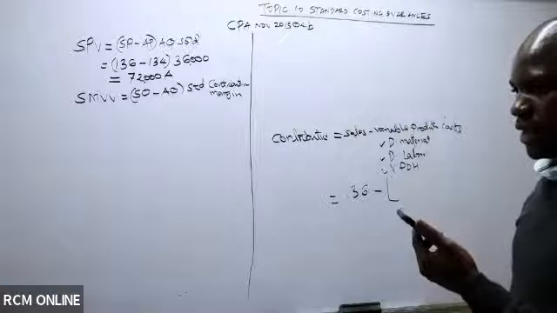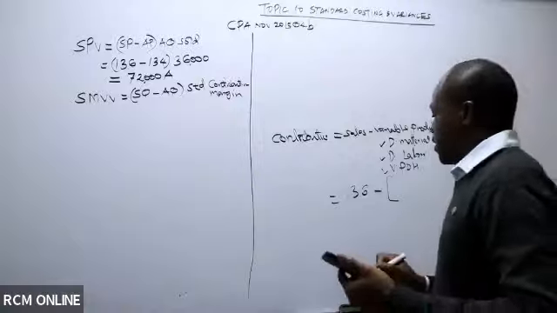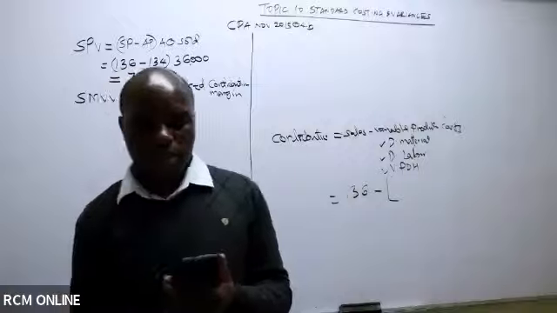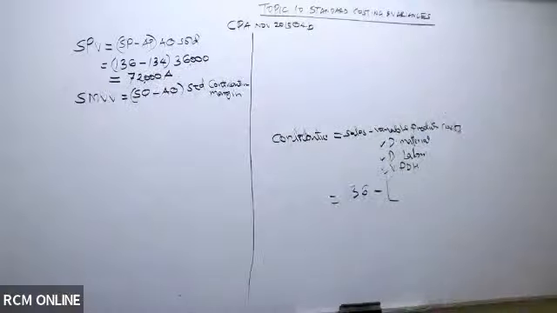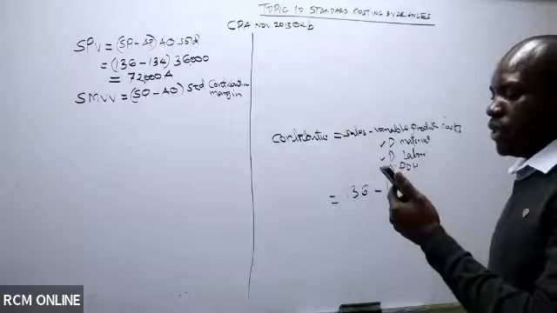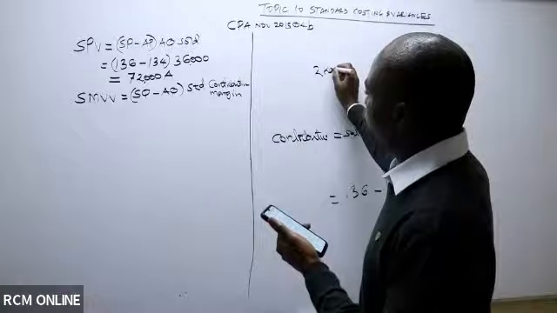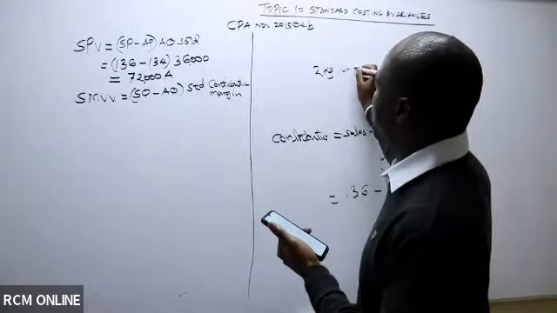Let's see if this is actually what we are doing. What was the cost? Now let's see what is given there. Material, they require 2 kgs to produce 1 unit of Q. But now, 1 kg is equal to 10 shillings.